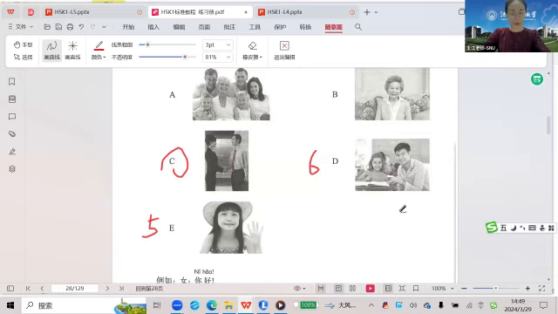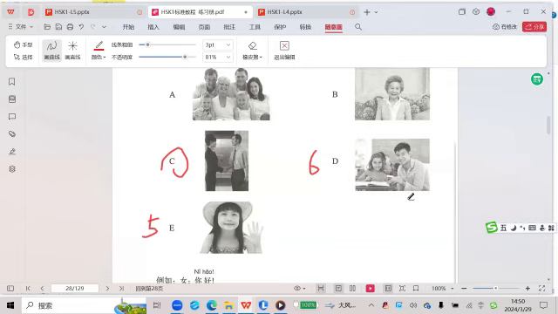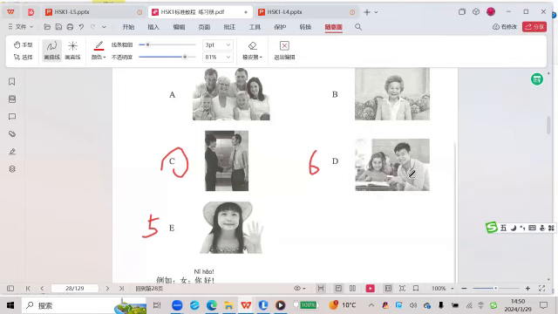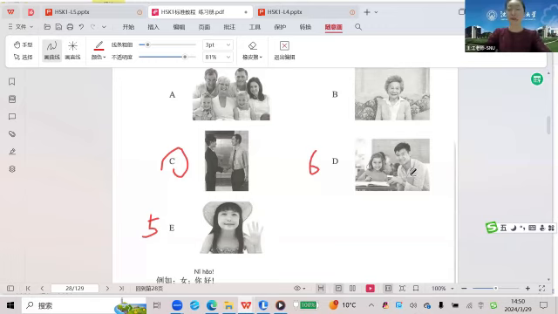Okay, B. 他今年33岁了。How old? 多大？他今年33岁了。How old is he? 33 years old. He is 33 years old. So we can make the right option. Picture D matches dialogue 6, right?